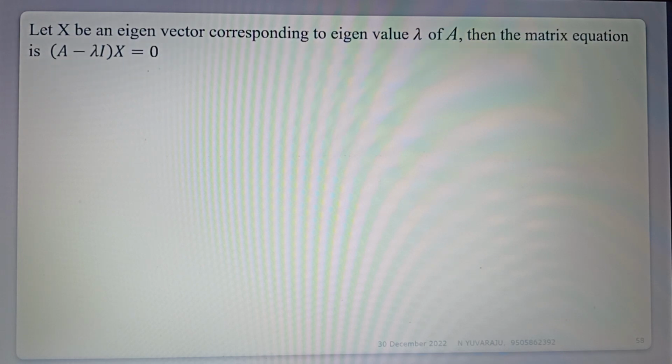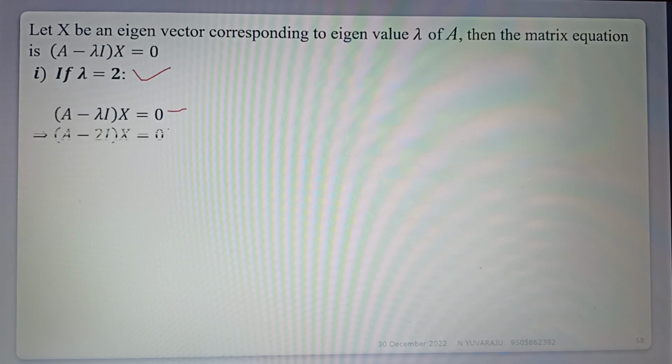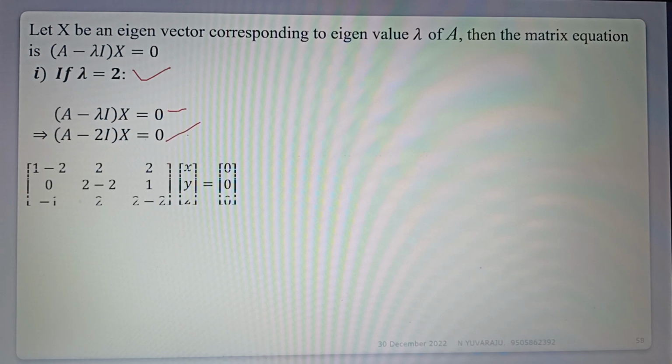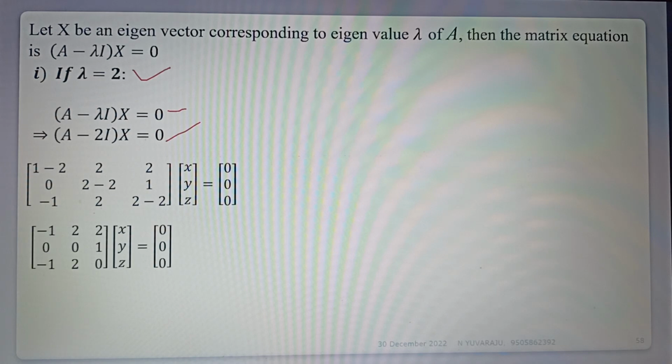So let the eigen equation be A minus lambda I into x is equal to 0. First eigenvalue, lambda is equal to 2. So that is A minus lambda I into x is equal to 0. Lambda is equal to 2, substitute. A minus 2I into x is equal to 0. So substituting in the matrix A, only the diagonal elements change by minus 2. Okay na? After simplification, this one.